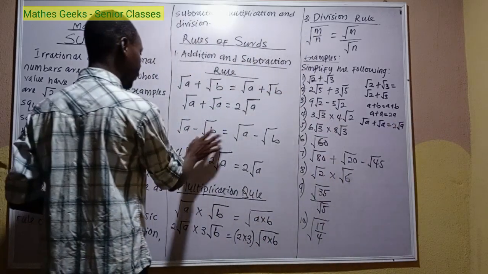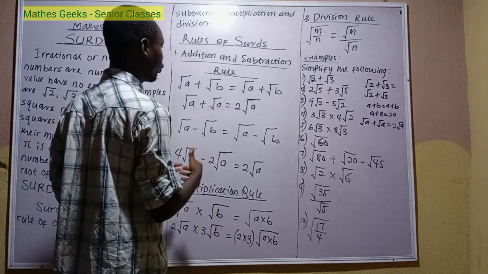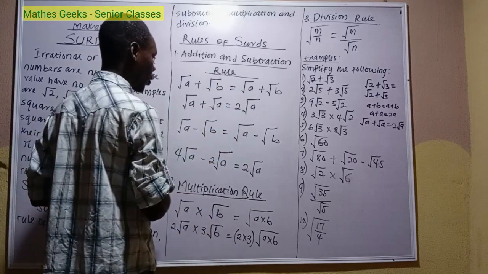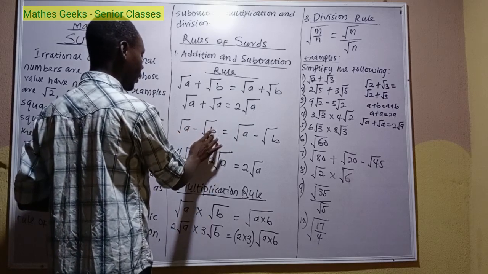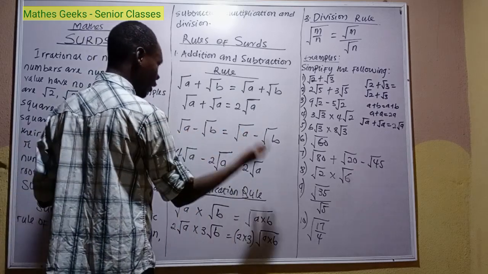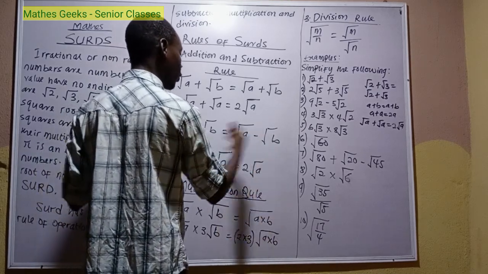And root a minus root b: what is applicable under addition is also applicable under subtraction. So root a minus root b, since the letters are not the same, just as in algebra, it will give us the same value, root a minus root b, which means we couldn't subtract.